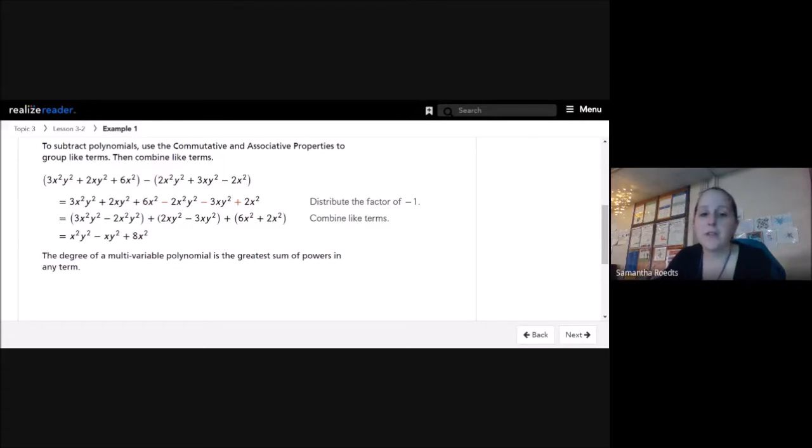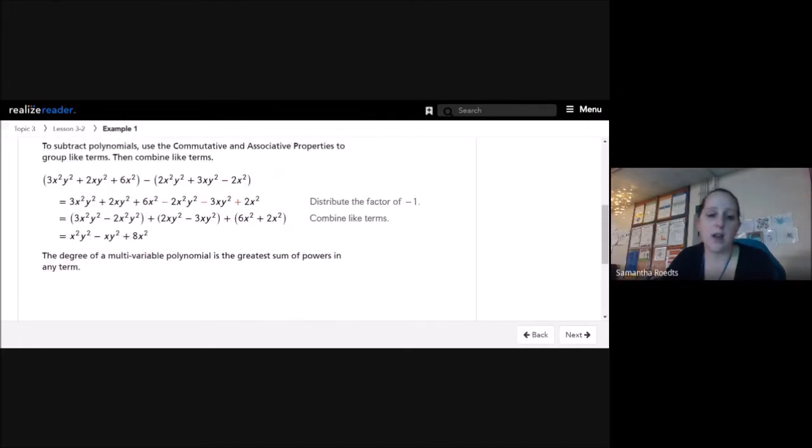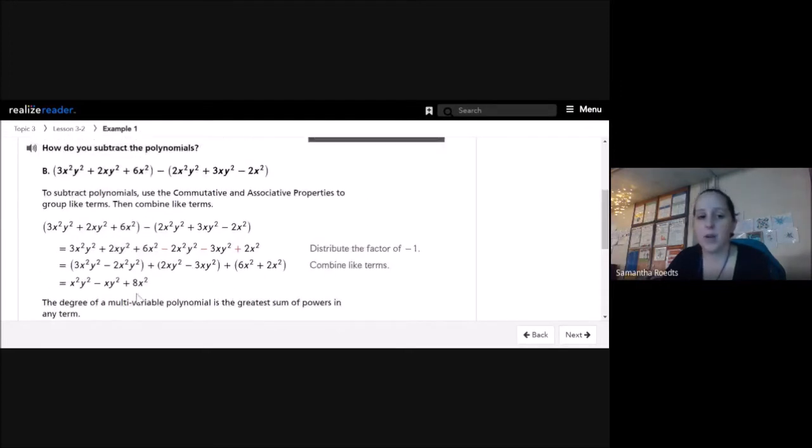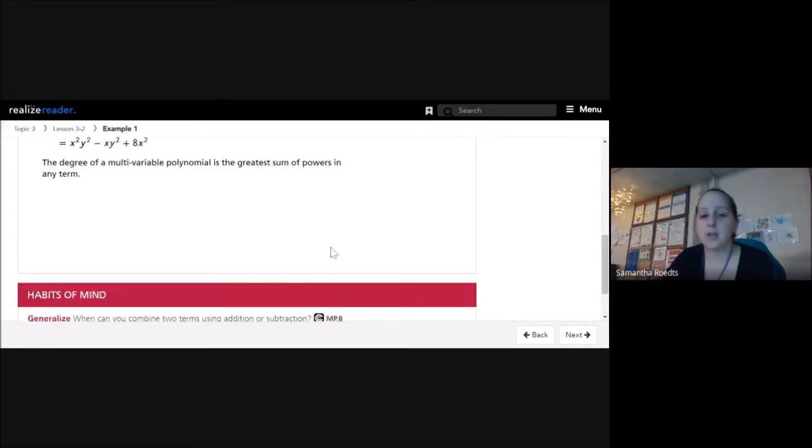The degree of a multivariable polynomial is the greatest sum of powers in any term. So for example, 2 and 2 give me 4, so that's the greatest sum of powers. That's why this is first and not xy squared or 8x squared. xy is next because x to the first power, so 1 plus 2 gives me 3, and then of course the 8x squared.